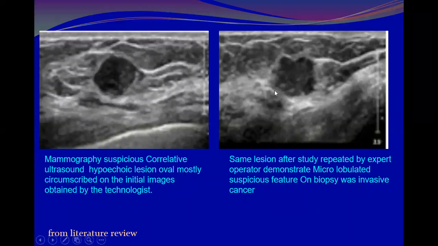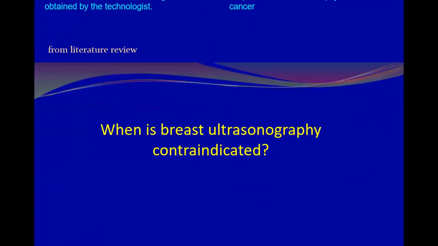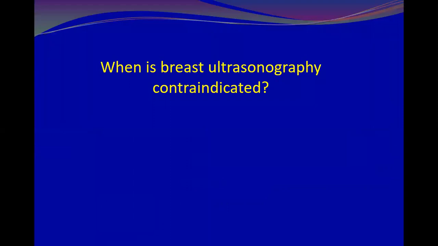But when rescanned by the senior radiologist, sweeping throughout the margins of the lesion, look how the lesion is suspicious, concordant with the mammography findings. Okay, when is breast ultrasound contraindicated?